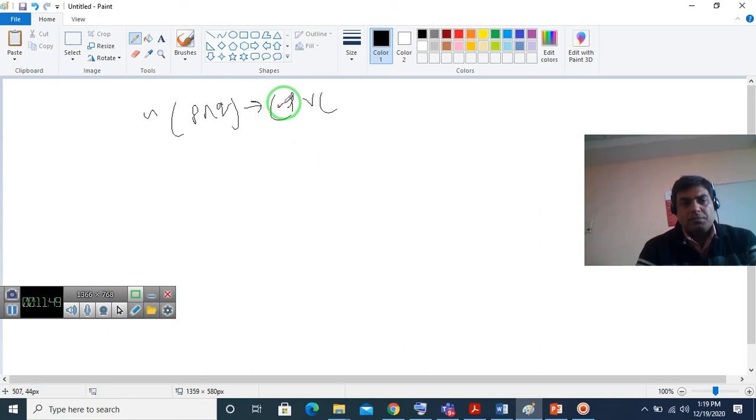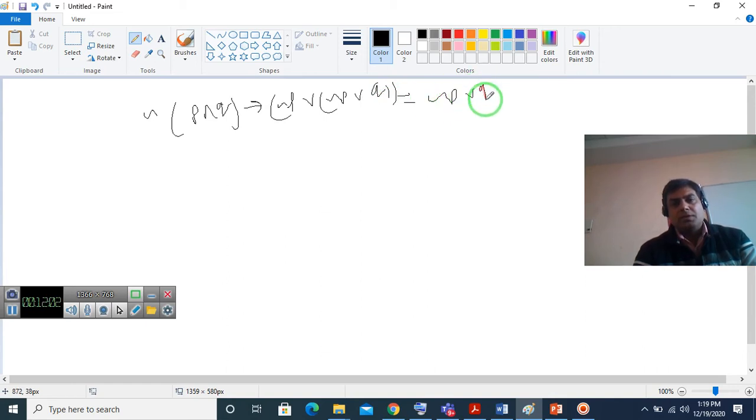There is a negation p or negation p disjunction q. Then you have to solve negation p disjunction with q.